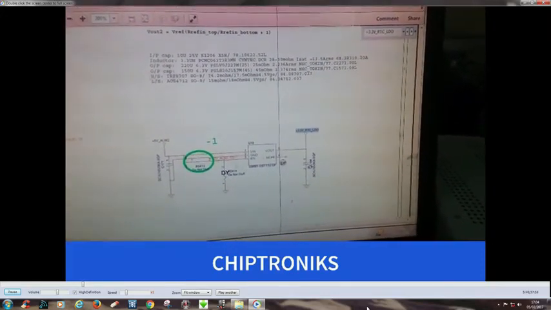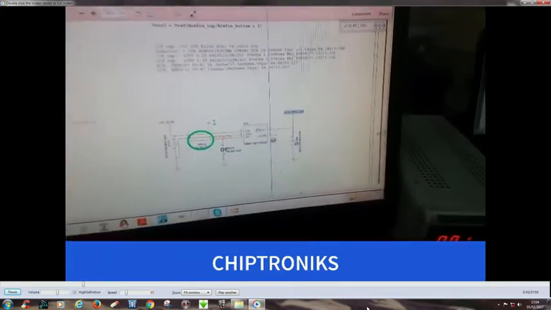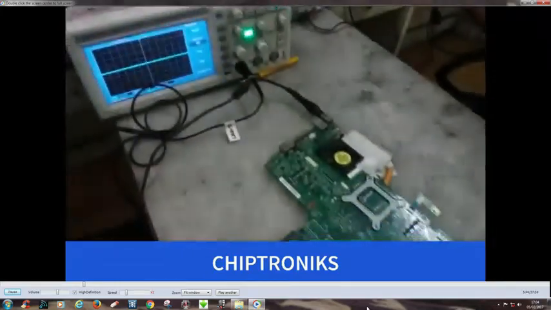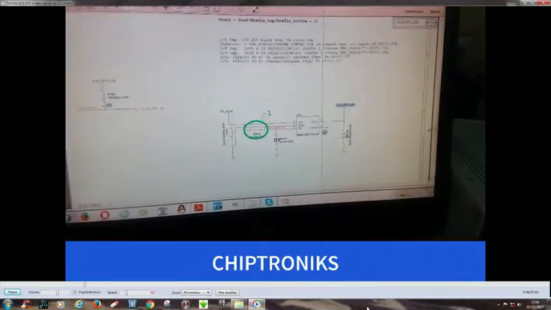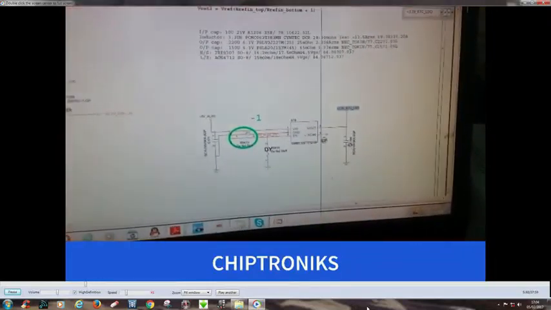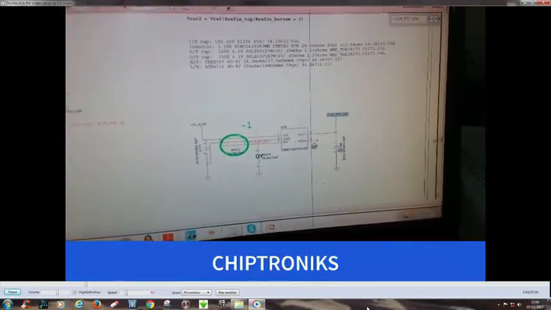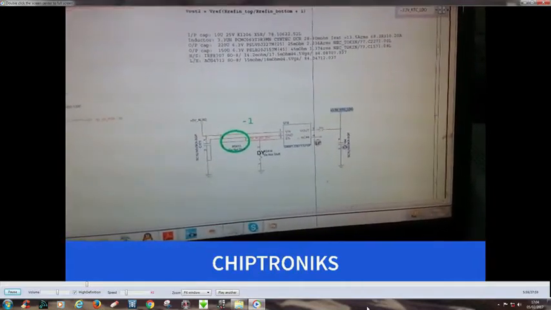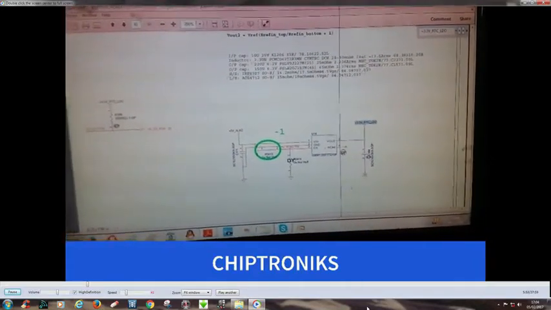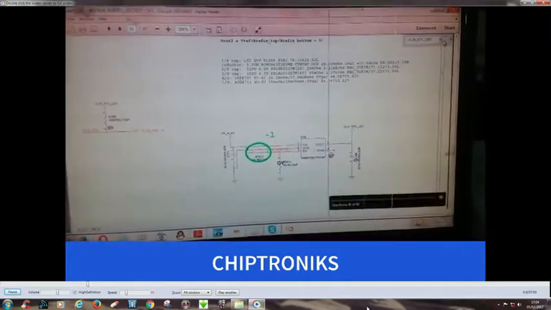U19, we can find this IC on the board. You can see in this circuit diagram it is written -1, because right now we have given power to the notebook by adapter. If you have not connected the adapter, then this sequence is not at all required. We'll go back to see once again.